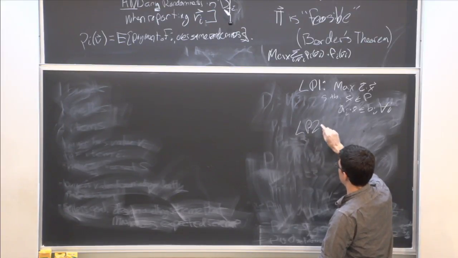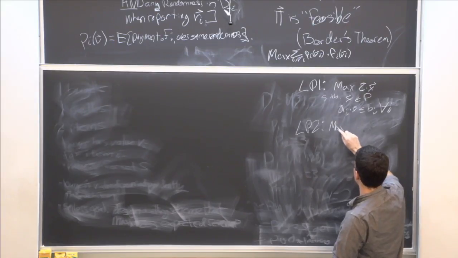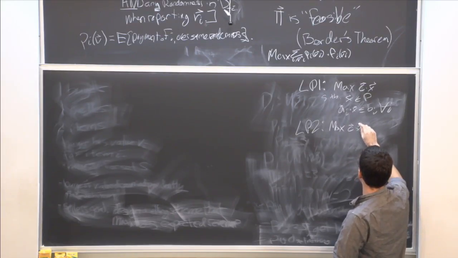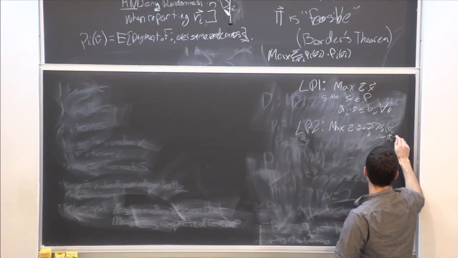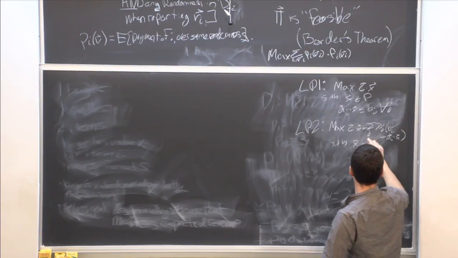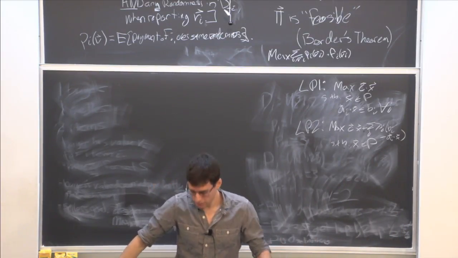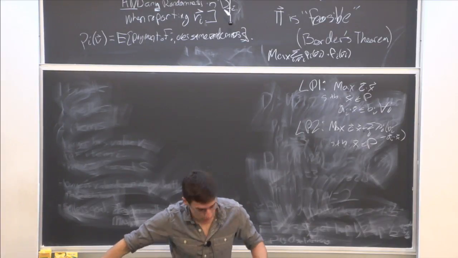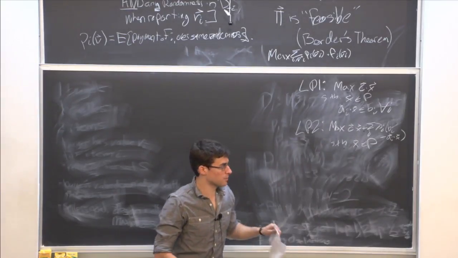And I look at a different LP, which is max c dot x plus the sum over i of lambda_i times (b_i minus a_i dot x), with x in P. So these are just two LPs. The first one is an arbitrary LP, but I've decided to break up the constraints into two types.